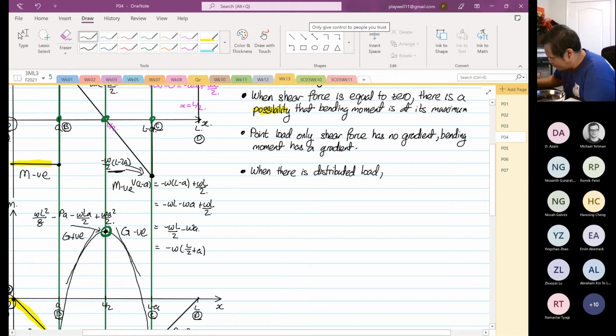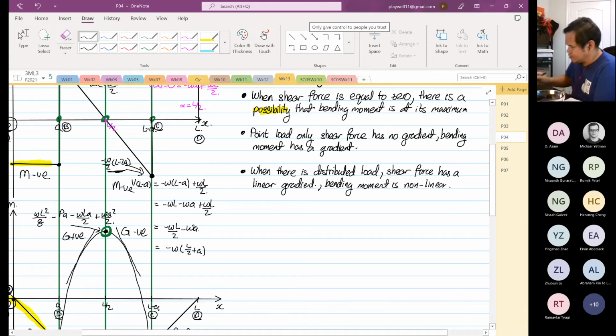Then the next thing is when there's distributed load, shear force has a linear gradient, and bending moment is non-linear.